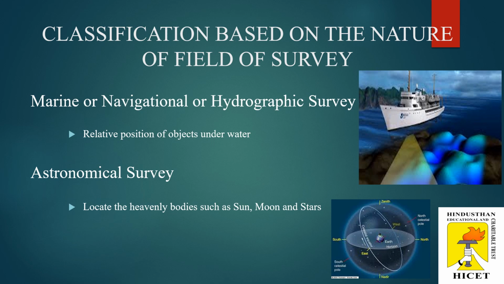So as I am showing here, we can lay on the ship and we are able to measure a relative position of a point which is already available under the water, can be done with the help of marine survey. So next one is astronomical survey. Astronomical survey is the one in which observations are made to locate heavenly bodies such as sun, moon and stars.